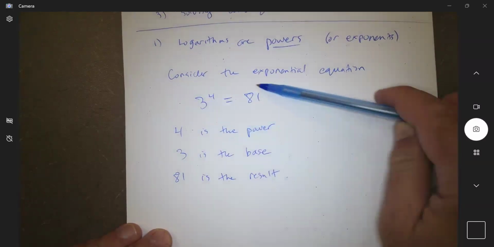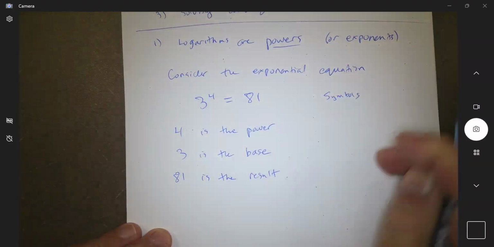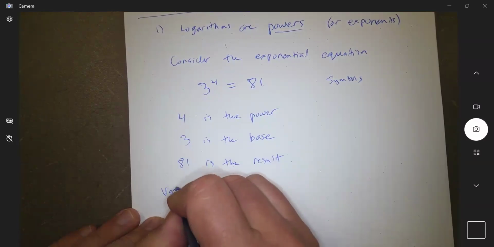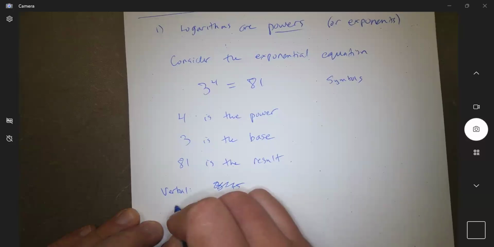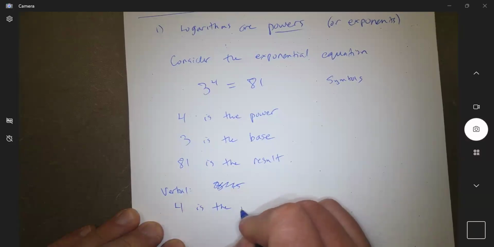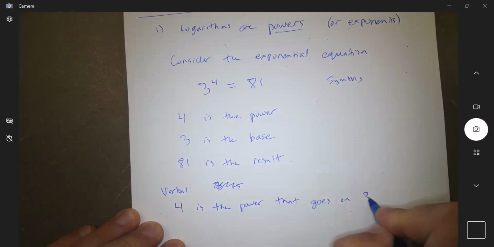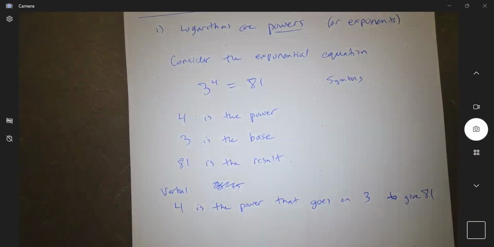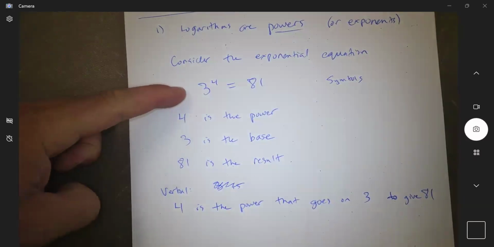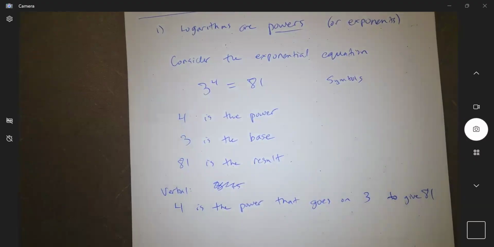I'm going to switch this exponential equation, which is in symbol form, to a verbal representation. 4 is the power that goes on 3 to give 81. The symbols and the verbal tell you the exact same information. 4 is the power that goes on 3 to give 81.